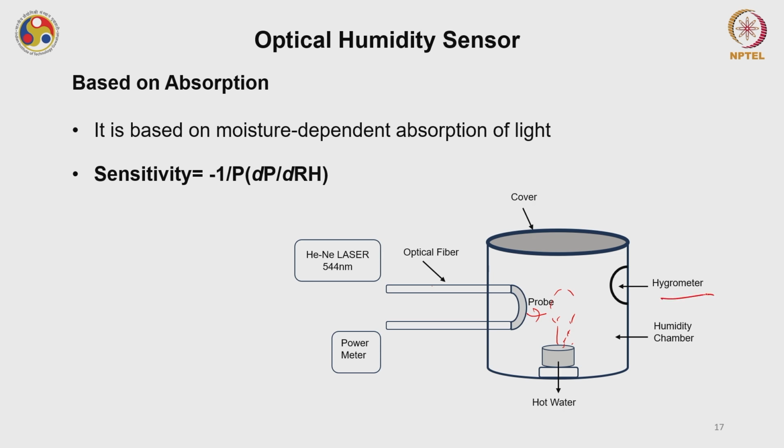When the humidity condition inside this chamber is altered, this probe will detect it. I have a helium neon laser which is passing light to this fiber. Right now it is a power meter, but it can be simply a spectral analyzer or something else, depending on what principle you are using.